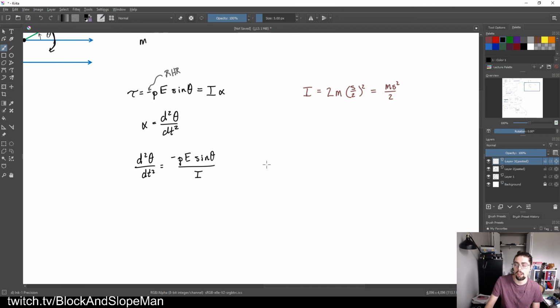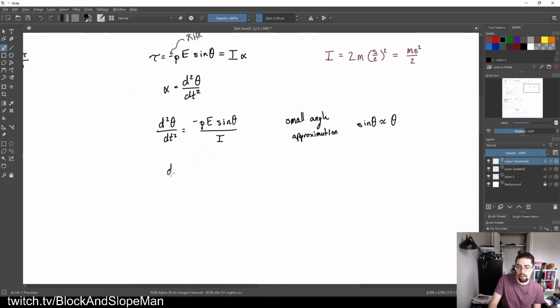And the small angle approximation, in my very poor handwriting, says that sine of theta, as long as this is small, is just about equal to theta. As long as I'm below 10, maybe 20 degrees or so, this approximation works pretty well. It loses a little bit of accuracy, but honestly, it makes the problem solvable. So what else are you going to do?